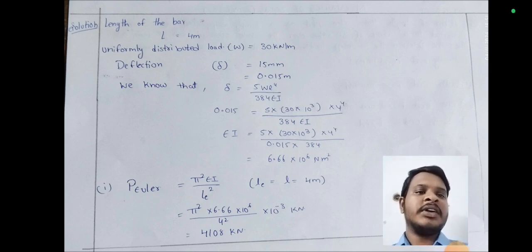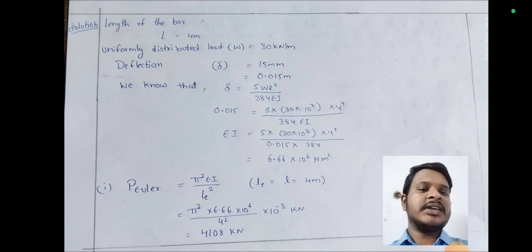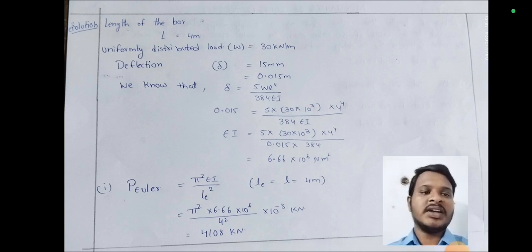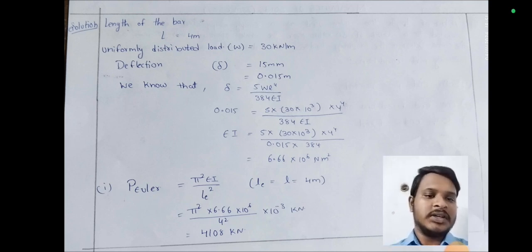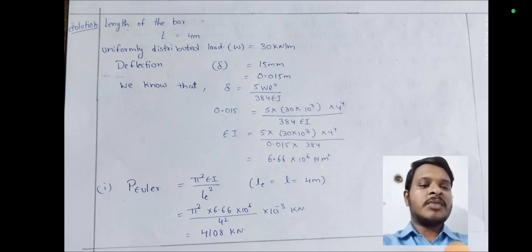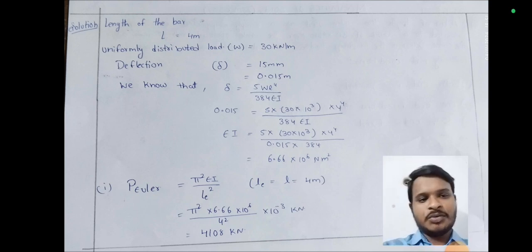Replace the load so it goes inside and EI comes outside. So we can find EI and substitute it into the first formula, pi square EI by LE square. EI is found as 6.66 into 10 power 6 Newton meter square. So we have to know the generalized formula and what we can do.